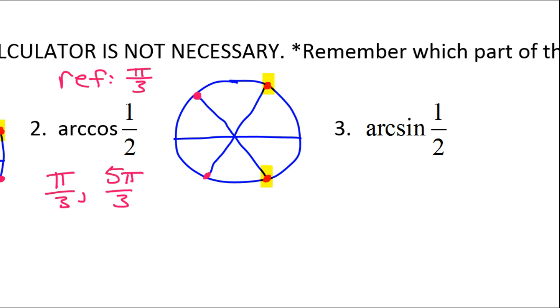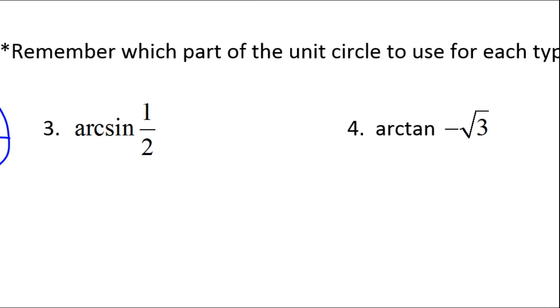Okay, let's do that again for number 3. Remember arcsine, well, first of all, pause the video and try to do this by yourself. I've done 2 problems for you. Time to take off the training wheels. Pause the video and try to do this by yourself.